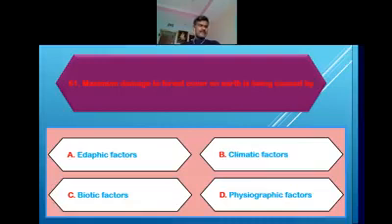But let us see the C option. Biotic factors are the living factors. Yes, compared to these two, the biotic factor is the one which is damaging the forest cover the most, because of the luxurious life and because of commercial purposes, he is damaging and destroying the forest.